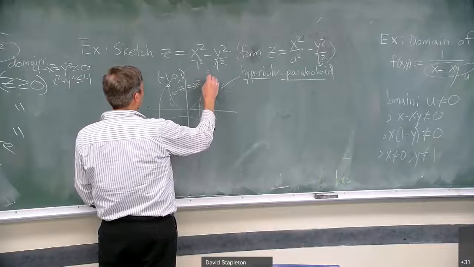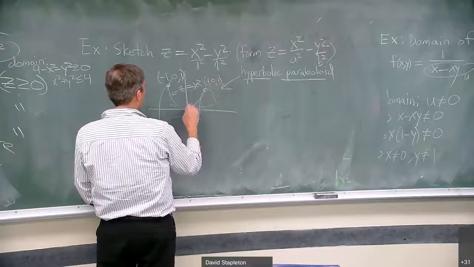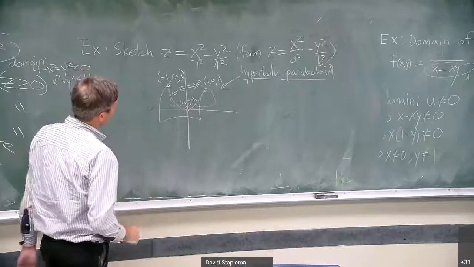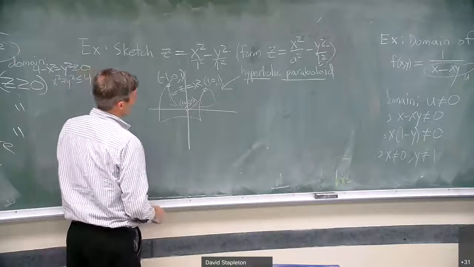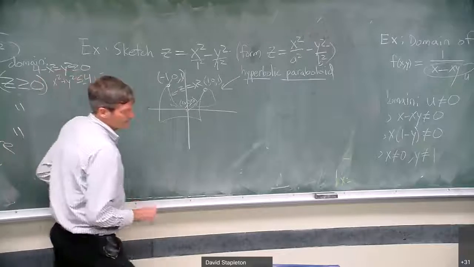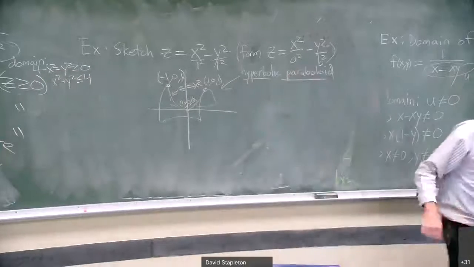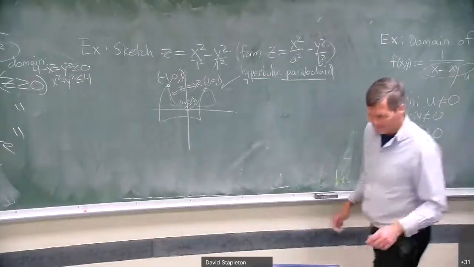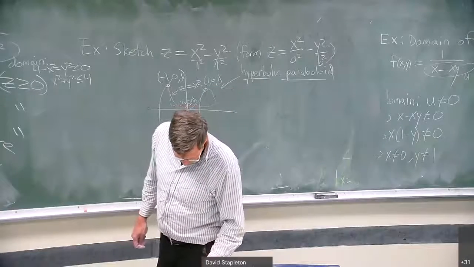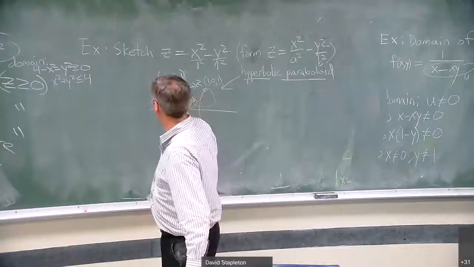This might be the point 1, 0, 1. And this would be the point 0, 0, 0. I don't expect you to draw those points, but you can kind of see that you could, is the idea. But that's the idea of that part, and I'm going to do one more here.